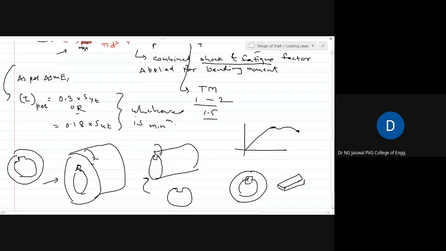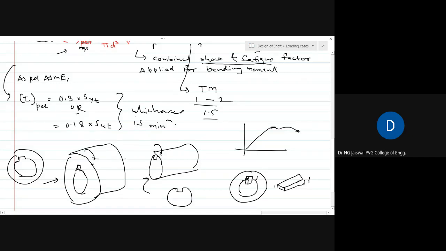This key is tapered. So wherever it is tapered, you will place that end here and you will hammer it from the other end. So half part of the key is inside the shaft part, and half part is inside the hollow shaft part. This way you will mechanically assemble it.